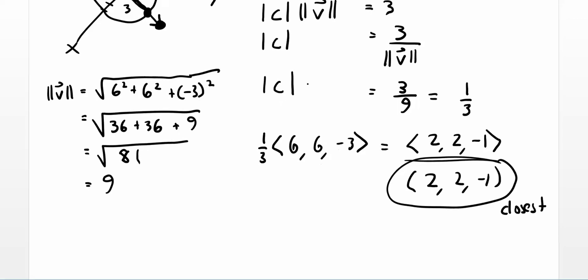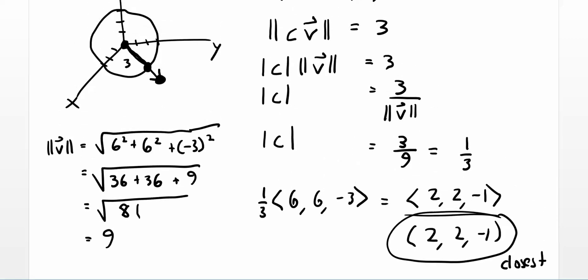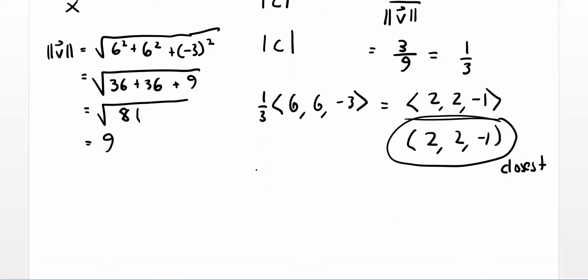Now the negative c value is going to give us the opposite. If you rescale this vector and then flip it around, it's going to go back and touch the opposite end of the sphere. So our other answer is negative 1/3 times that vector, 6, 6, negative 3.